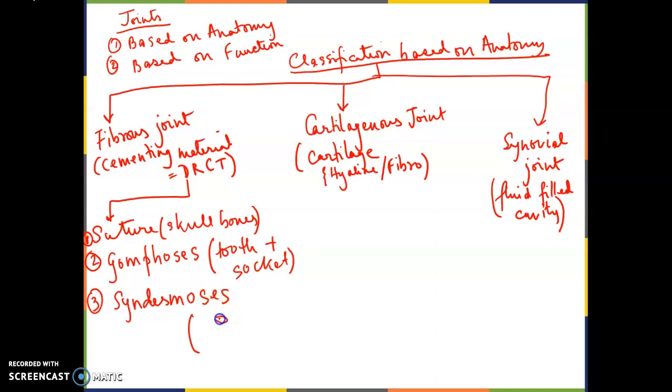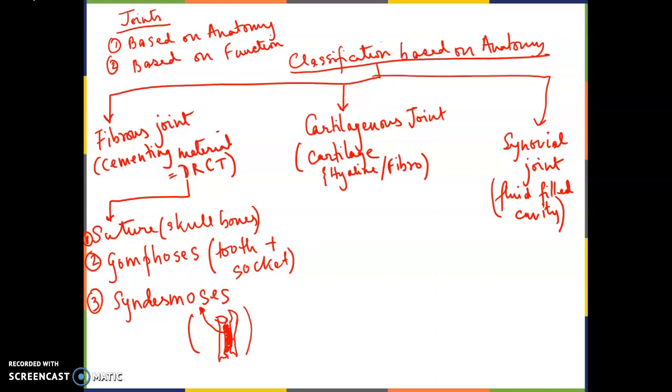So if I draw quickly radius and ulna, in between radius and ulna, this joint right here is syndesmosis. Do you see? It's a dense regular connective tissue membrane between long bones of the body.